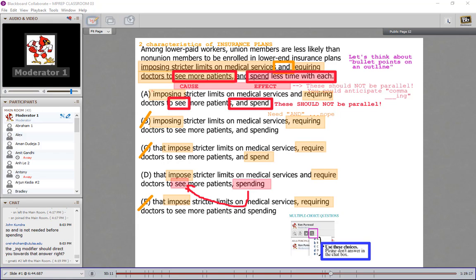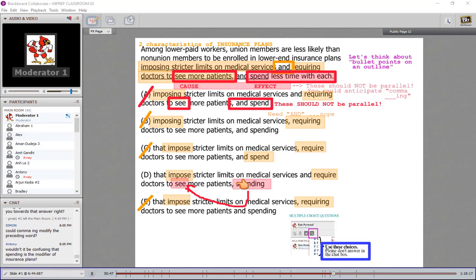And notice you can get there by just eliminating A. You can just be like, those are parallel, that's wrong. Later you can go back and study this choice and figure out exactly what's going on here. What comma ing doesn't do is that. That's actually the express purpose of comma ings, to not do that. There are lots of other modifiers that do, but this is very specifically a modifier that doesn't just modify the noun in front of it.